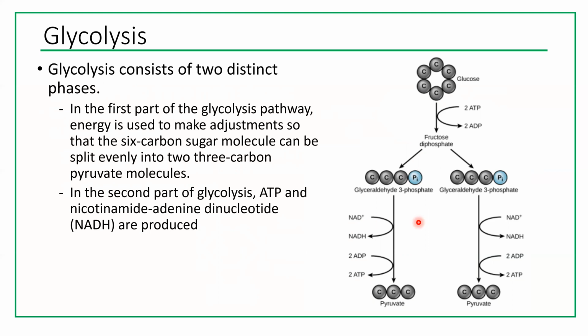They need to be attached to some molecule. So electrons and hydrogen are attached to NAD plus, which is already present inside the cytoplasm. It accepts the electron and hydrogen and becomes NADH. That's why NAD plus is called the primary electron acceptor. So here in the second part of glycolysis, ATP and NADH, or nicotinamide adenine dinucleotide, you don't need to remember this name, are produced.